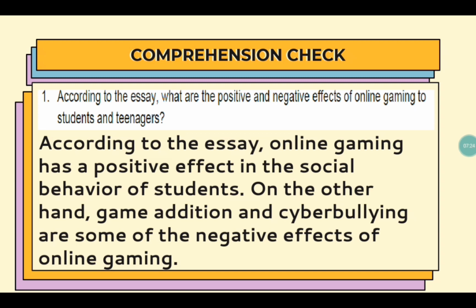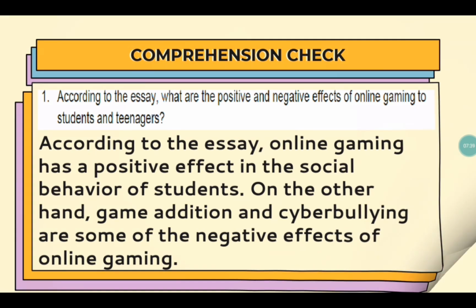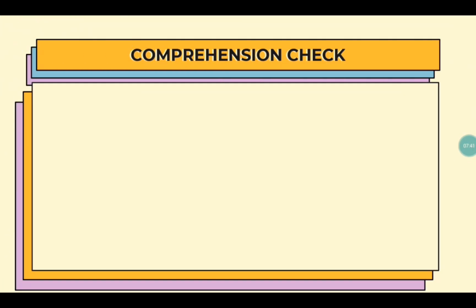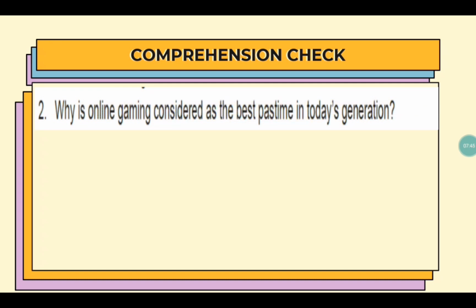According to the essay, online gaming has a positive effect in the social behavior of students. On the other hand, game addiction and cyberbullying are some of the negative effects of online gaming. Another question: why is online gaming considered as the best pastime in today's generation?